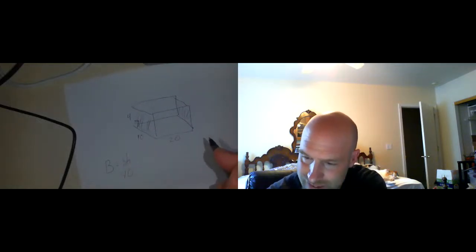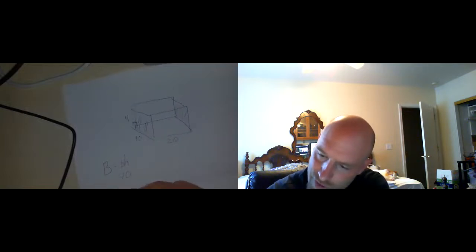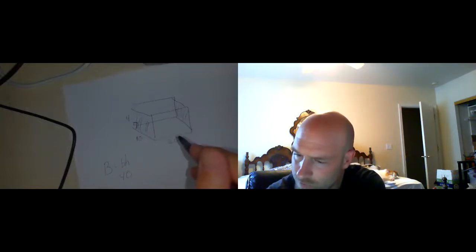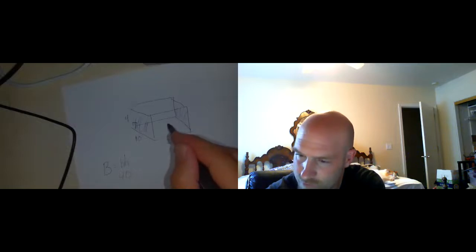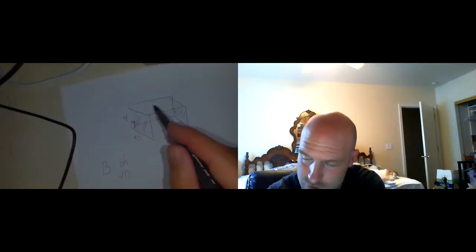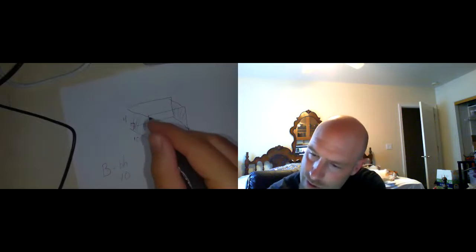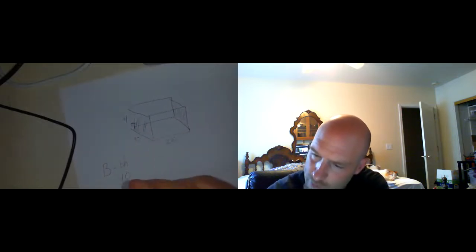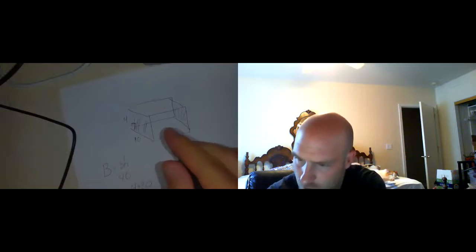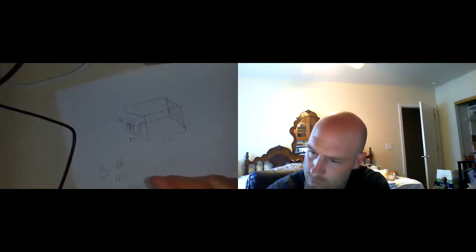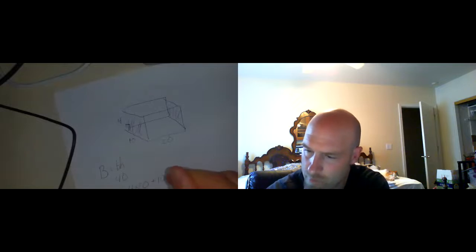Now, for the lateral area, it is the area of all four of these rectangles, the one in front, the one in back, which are congruent, the one on top, the one on the bottom. So let's see, this one here is a 4 by 20, this one here is a 10 by 20, plus 10 by 20.